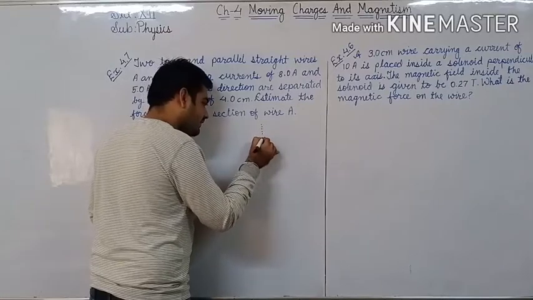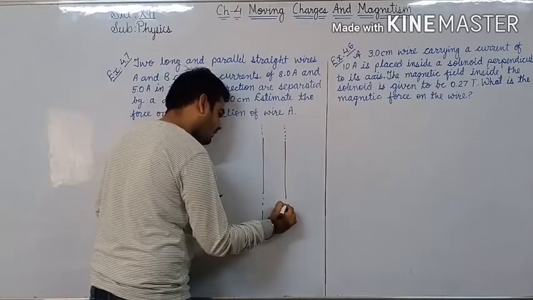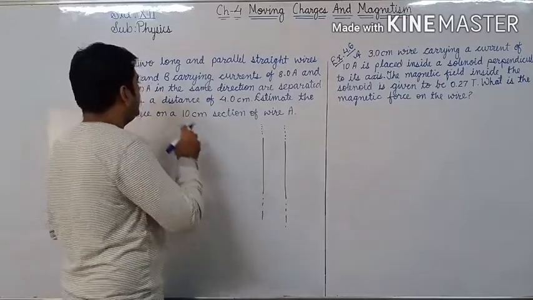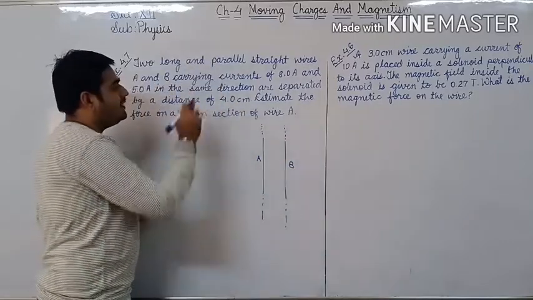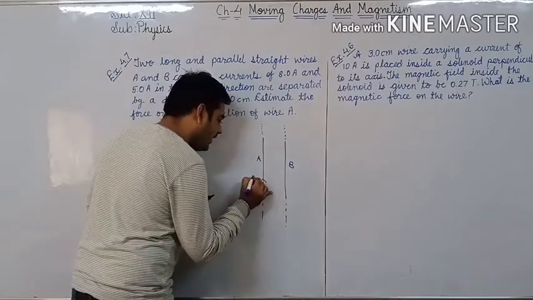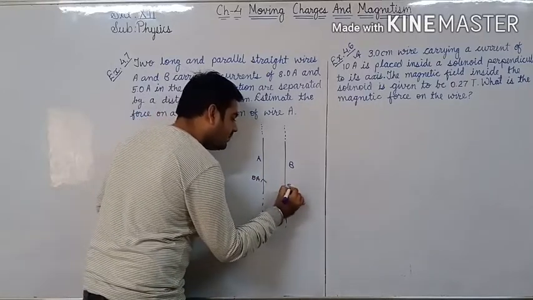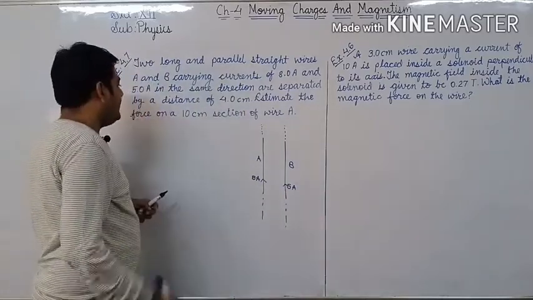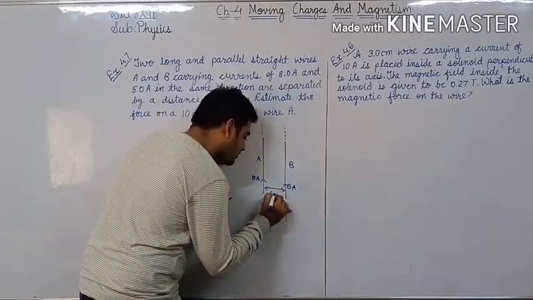So let me consider two long parallel straight wires A and B. This is wire A, this is wire B, carrying currents of 8 ampere and 5 ampere in the same direction, and separated by a distance of 4 centimeter.